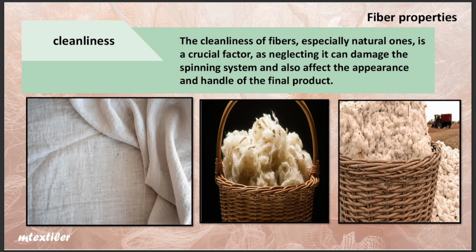As you can see in the image, fibers of different types have environmental impurities, and if not properly cleaned, these impurities may still be visible in the final product. In fact, fiber cleanliness is more critical for natural fibers, as they may contain impurities that can also affect the final product. For cotton fibers, this can include husks, dust, and natural waxes.